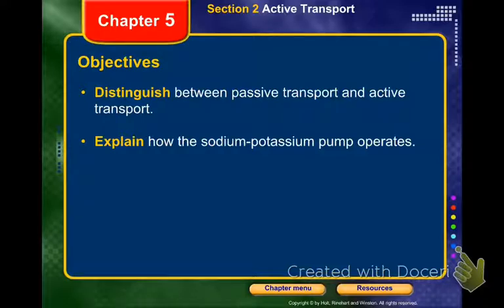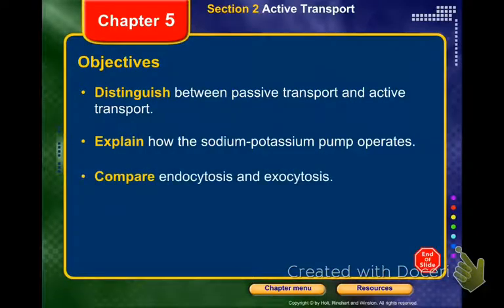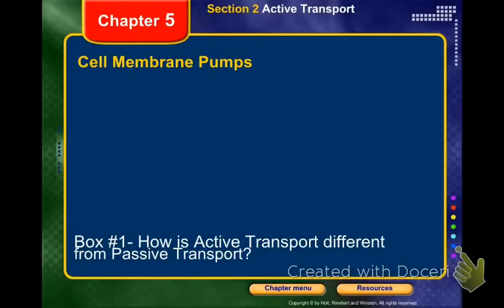Why? Because you're going against the concentration gradient. You're moving those atoms or those ions around against it. Then endocytosis and exocytosis, hopefully you'll think those are easy. So we can answer this question very easily, how our active transport process is different than passive.